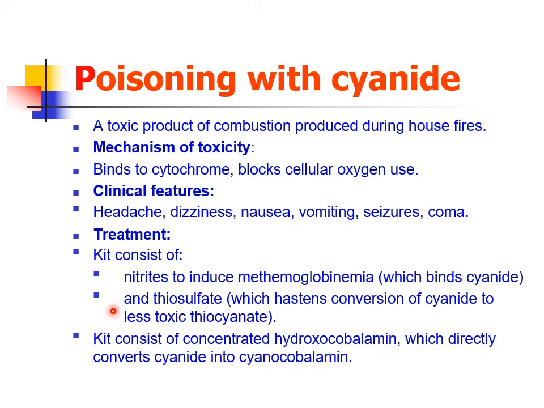Nitrite will induce methemoglobin, and this will bind cyanide. In addition, the kit consists of thiosulfate. This will convert cyanide to less toxic cyanothionate. Another kit, concentrated hydroxycobalamin. This will convert cyanide into cyanocobalamin.